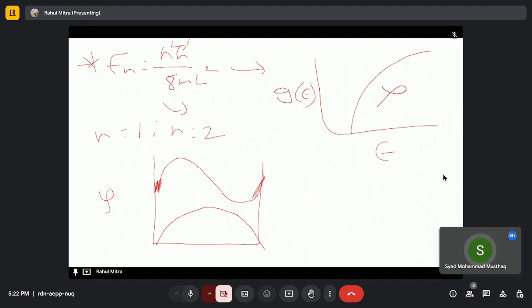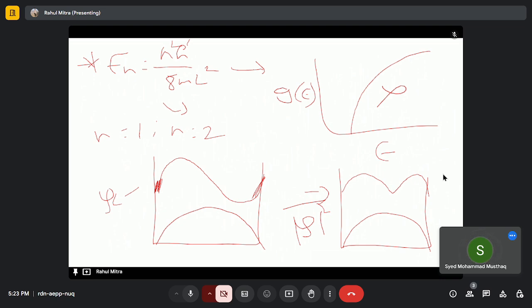This is our wave function, and when we do the psi square, it tells me the probability distribution, where the probability of finding a particle at a certain spot in the box is determined by squaring psi. So the probability distribution for a particle in a box at n equals 1 and n equals 2 looks like this.